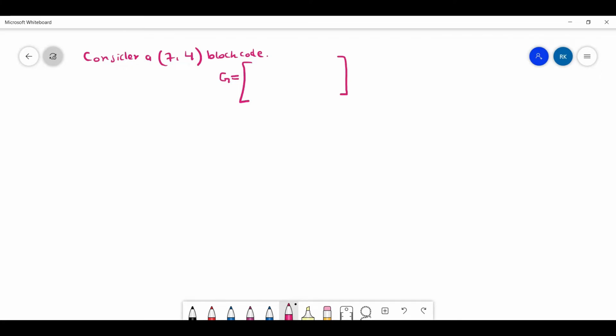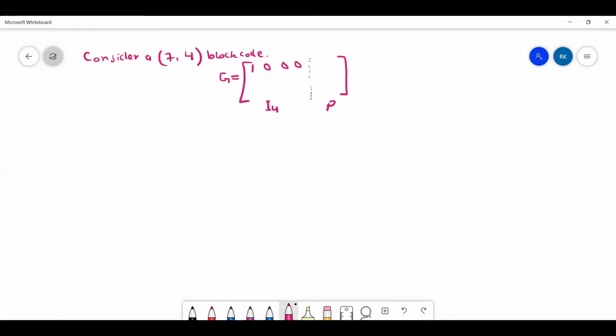It has to have two parts. One is the identity matrix of size 4, another is the parity matrix of size 3. So we have this thing. Let's write down the identity matrix, which is going to be same for this size of a code.